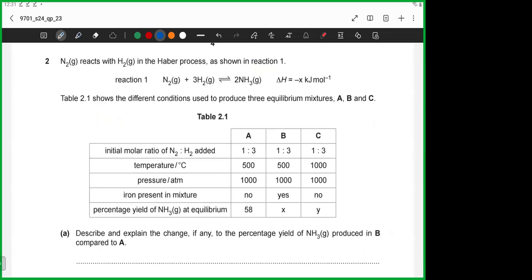So this is I guess the Haber process, right? Yeah. So there's the Haber process.